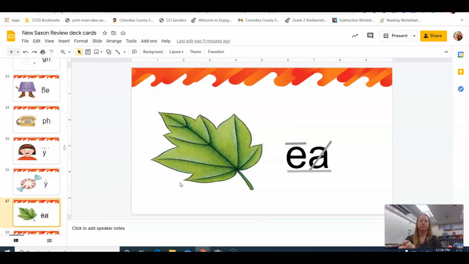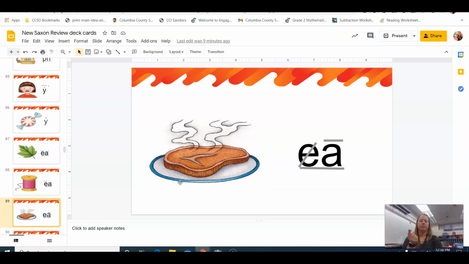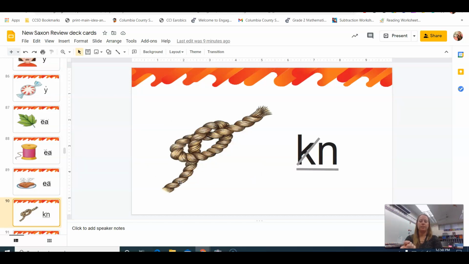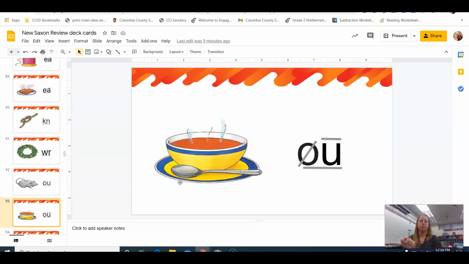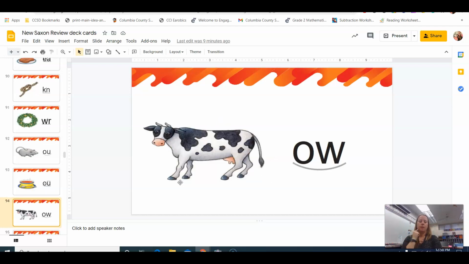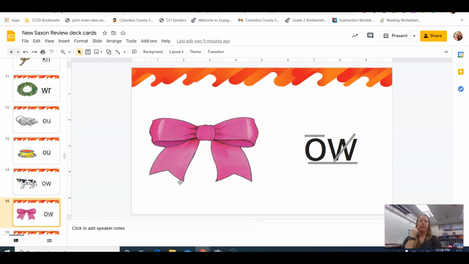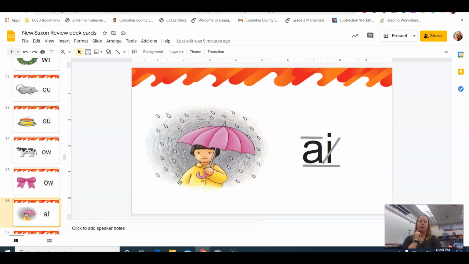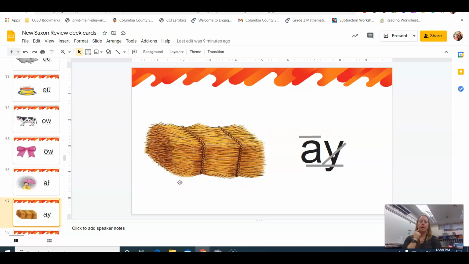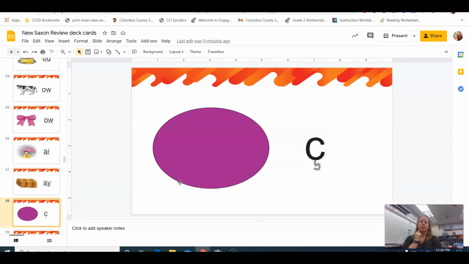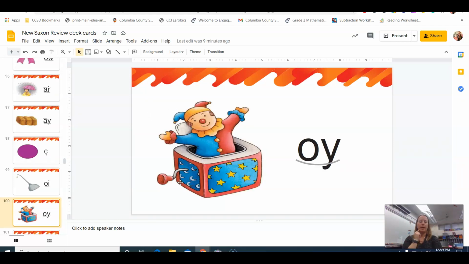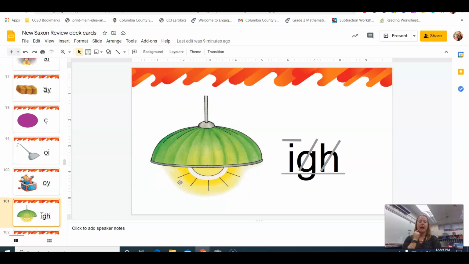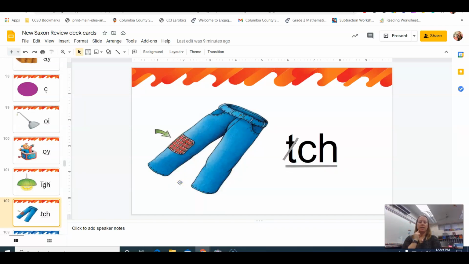Leaf e, thread, steak a, knot n, mouse ow, soup oo, cow ow, bow o, rain a, hay a, circle s, oil oi, toy oi, light i, patch ch.